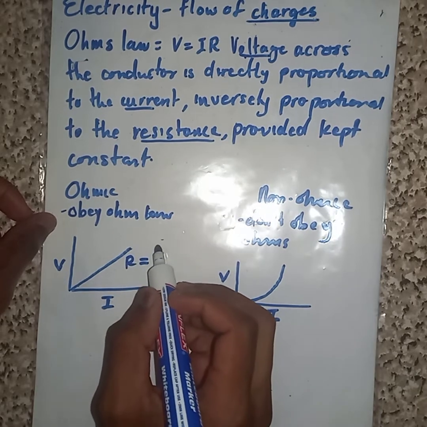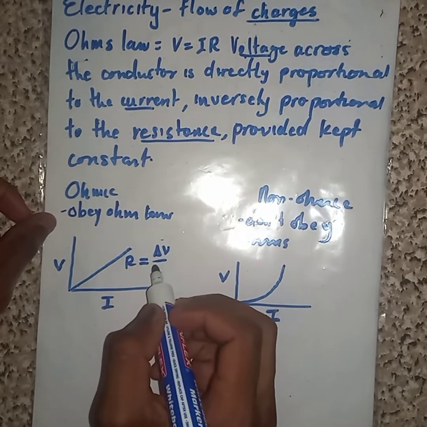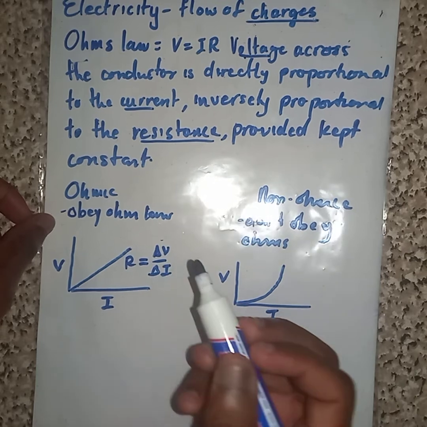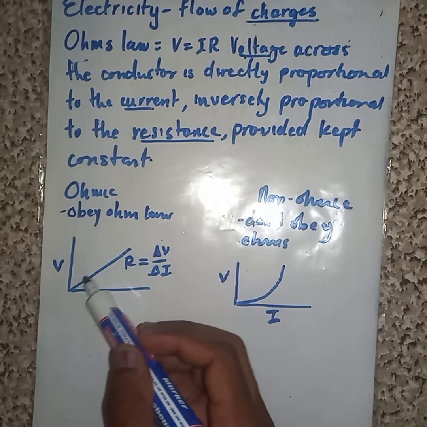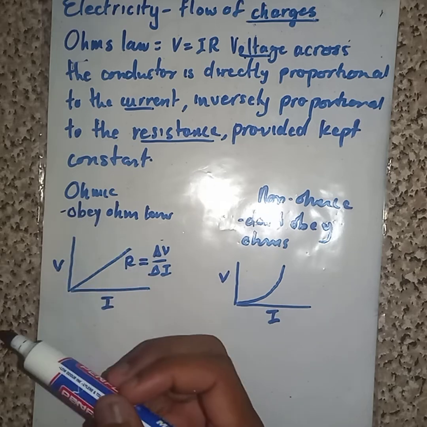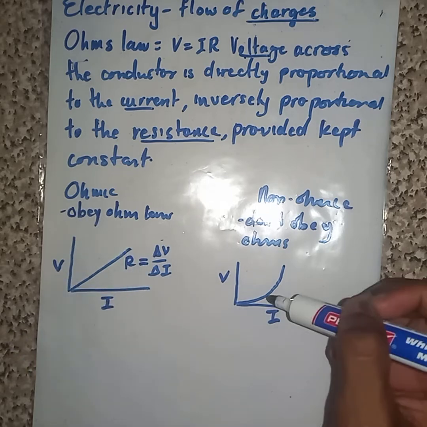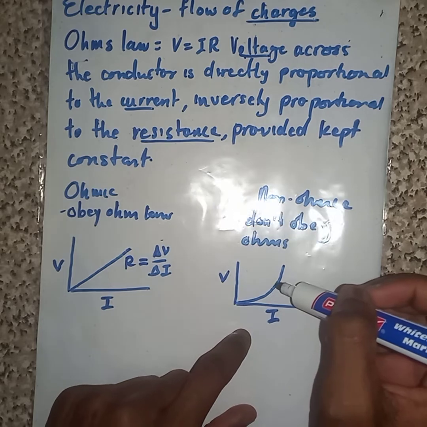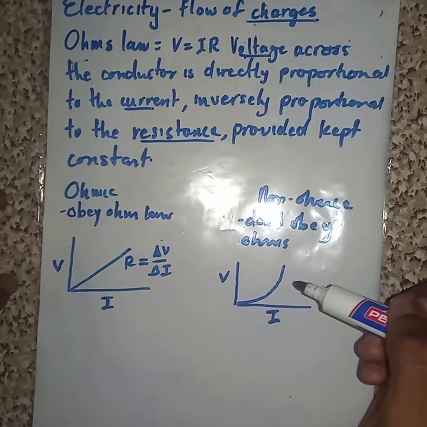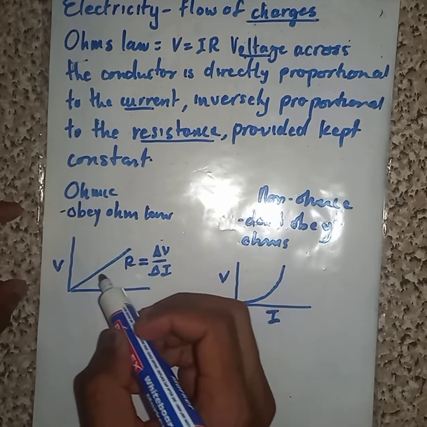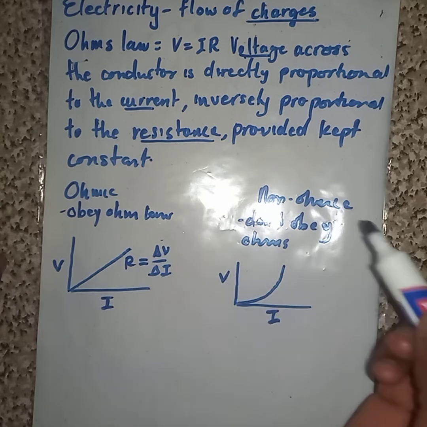The gradient is change in V divided by change in I. Bear in mind, the value of R is constant for ohmic conductors, but for non-ohmic it changes. But as for ohmic, it's always the same throughout.